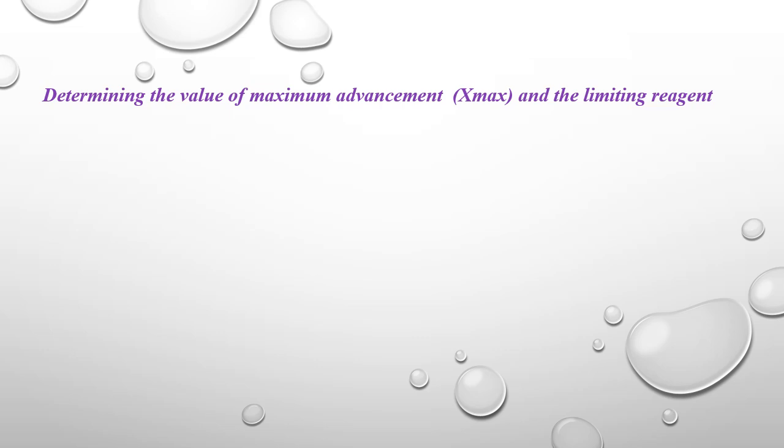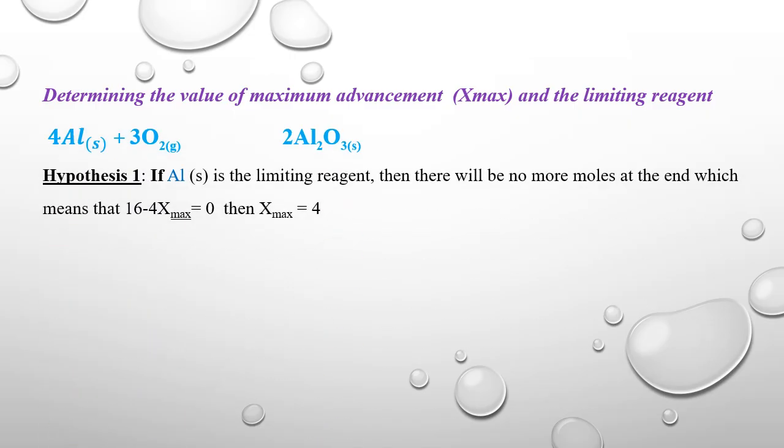Determining the value of maximum advancement and the limiting reactant. X max actually represents the mole ratio of a reactant. Assumption 1 for the same previous equation, it is an assumption.